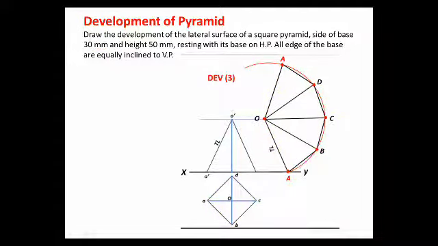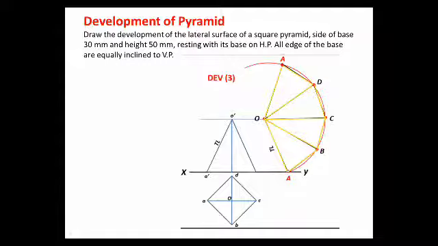So here you are getting the 4 points, capital A, B, C and D. Now you have to join these points from the O point. O capital B, just join O capital C, join O capital D and again O capital A. Okay. Now you have to join with the dark lines capital A and capital B, capital B and capital C, capital C and capital D, and capital D and capital A. So this is the development of pyramid.